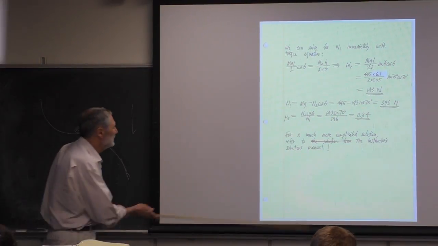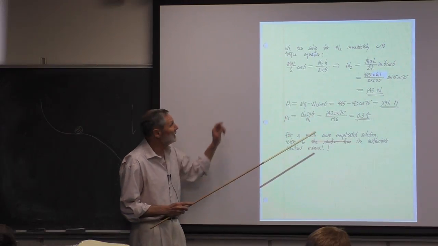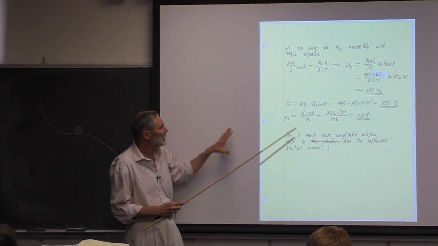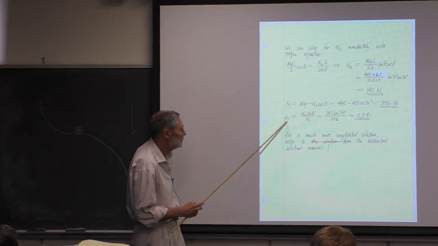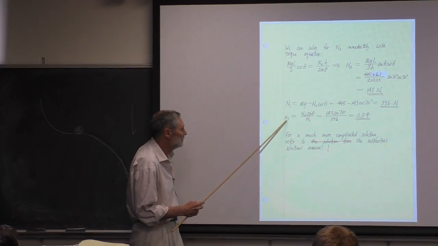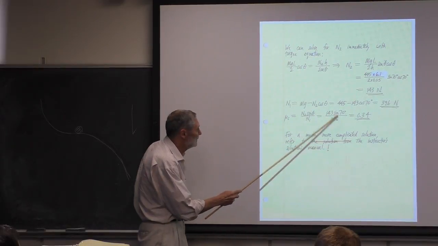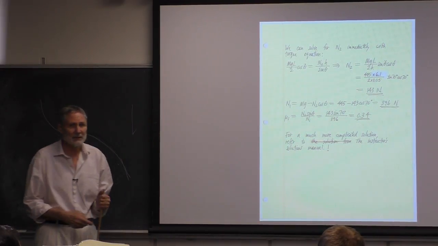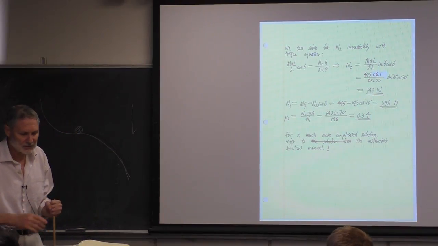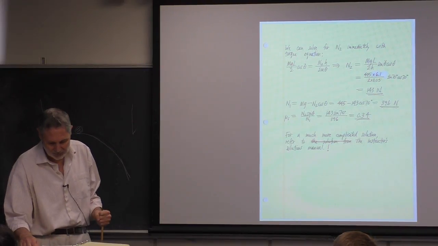Oh, there it is. I didn't see it. Okay. So we've now got N1 and N2. Now we can bring those together and put it into the first equation. That's going to tell us what mu s is. So we're using our two values here. I just didn't see that. So we get about a third. It's a typical value of coefficient of static friction, roughly.